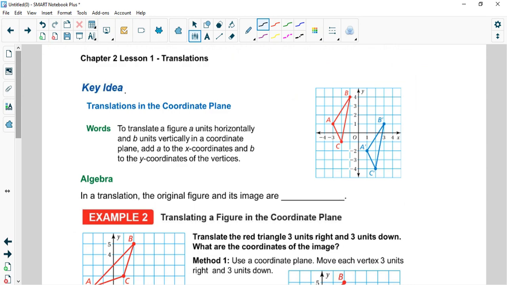To translate a figure A units horizontally and B units vertically in a coordinate plane, add A to the x coordinate and B to the y coordinate.